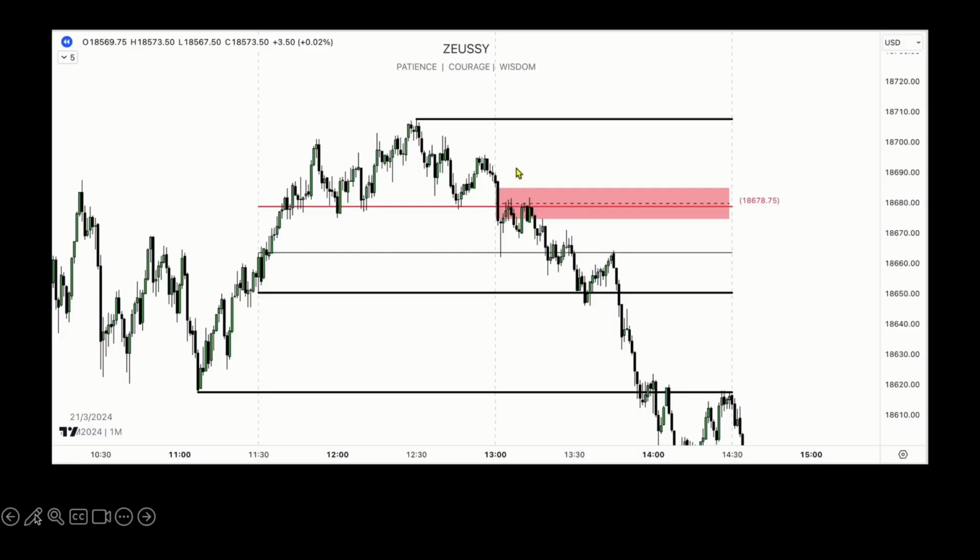The market then displaced below the previous cycle's low, and note that when the market retraces, it doesn't retrace any higher than the high of that 11:30 candle, which is the candle that formed the low of that first PM cycle. And what do we know?